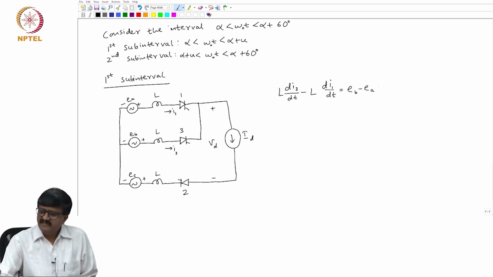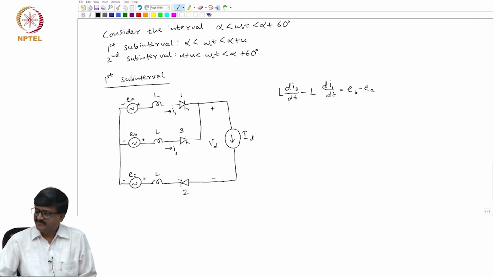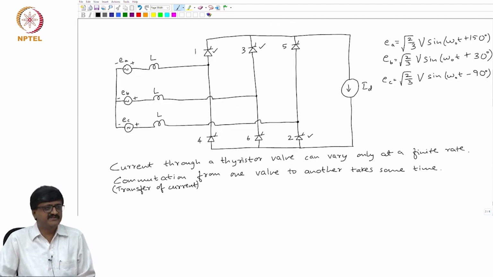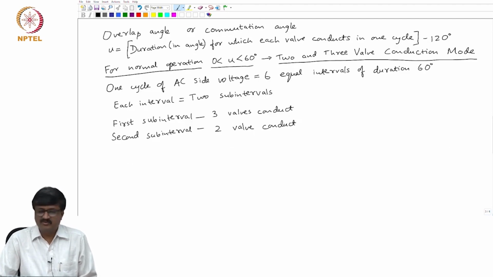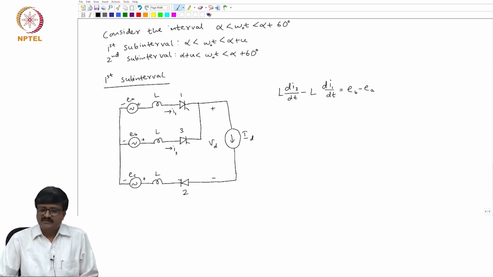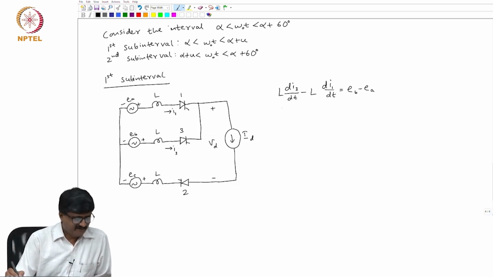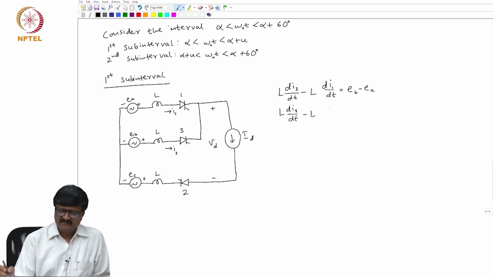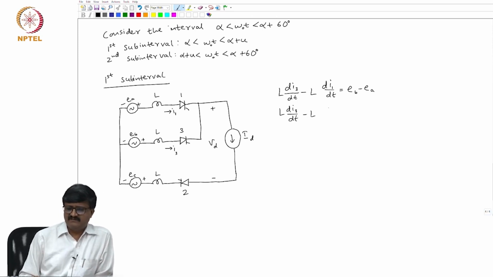So, what is EB minus EA? We have the expressions for EB and EA given here. It is root 2 V sin omega0 t. So, I will make one further use of a relation: L dI3/dt minus L dI1/dt. Of course, I1 and I3 are not independent.